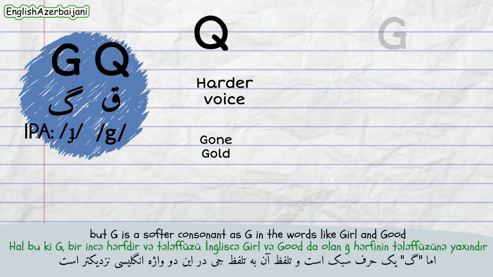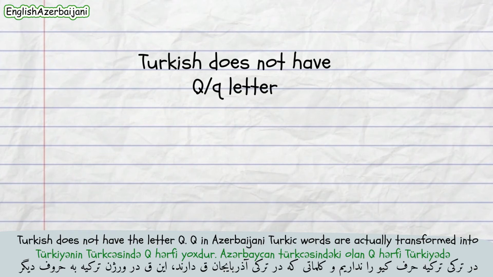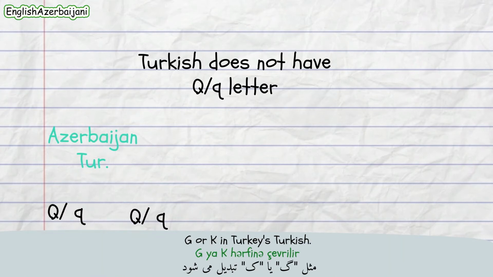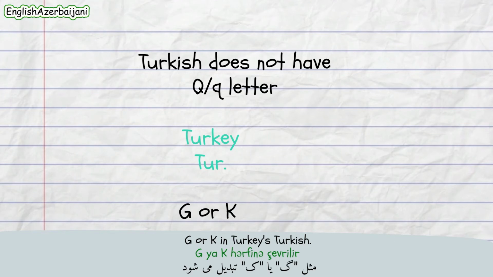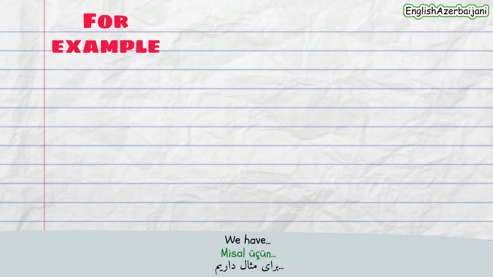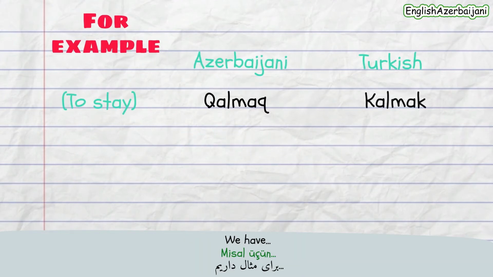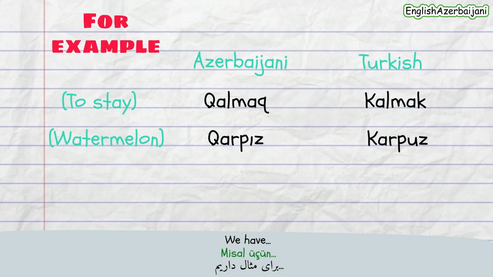But G is softer consonant, as G in words like girl and good. Turkish does not have the letter G, and G in Azerbaijani Turkic words are actually transformed into G or K in Turkish. We have kalmak and kalmak, karpuz and karpuz, koyun and koyun.